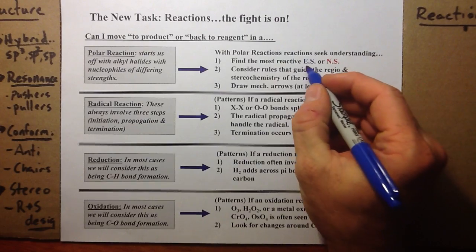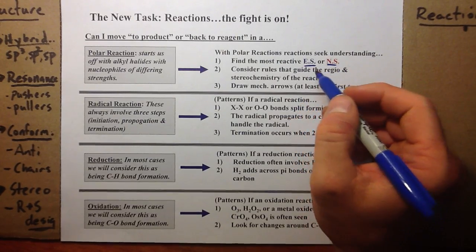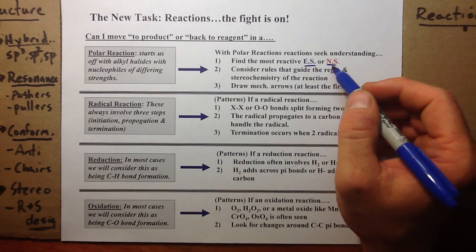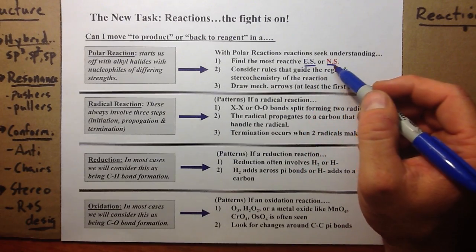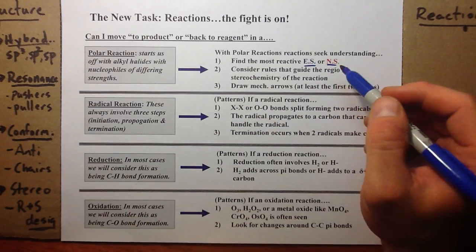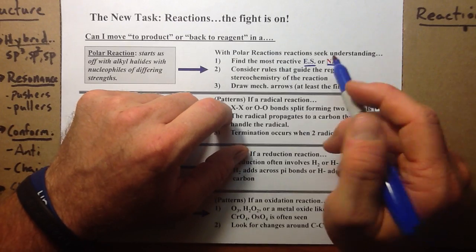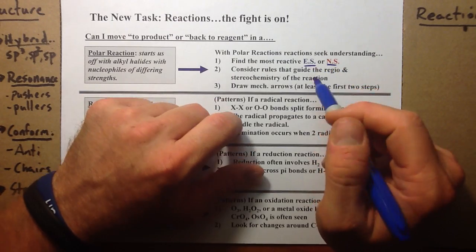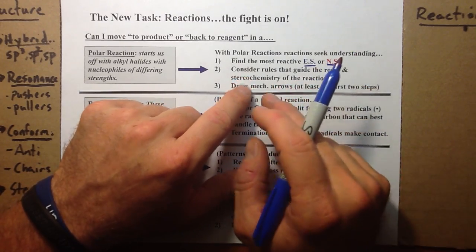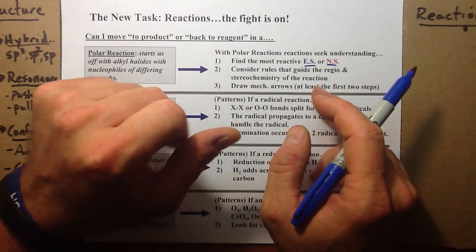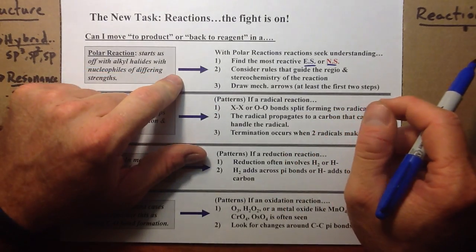And the rules are: find those electron-loving sites, that would be positive, and find those nucleophilic sites, those would be partially negative or full negative. Find them. And in every step have the Nus attacking the Es, the rich to poor. We're going to always consider for every step the rules that guide regio- and stereochemistry, where things bond and how things bond.